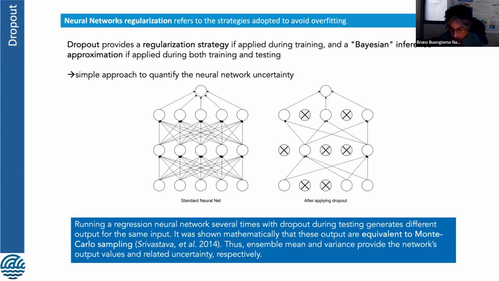With this kind of ensemble, you can also obtain an estimate of the accuracy of the reconstruction itself. It's an approach that is somehow equivalent to Monte Carlo sampling, and it is interesting because it can inform us on the accuracy of the network itself.